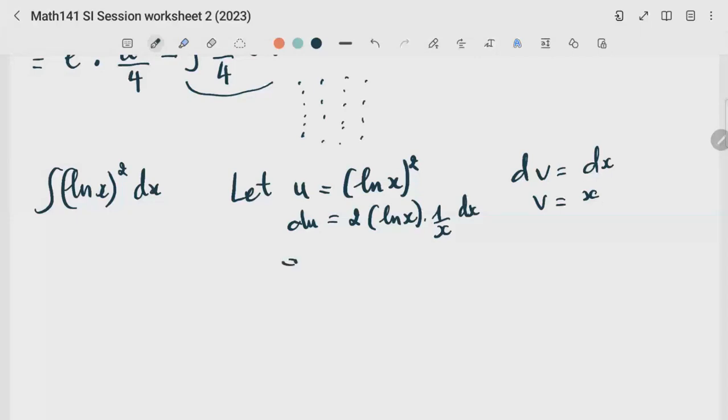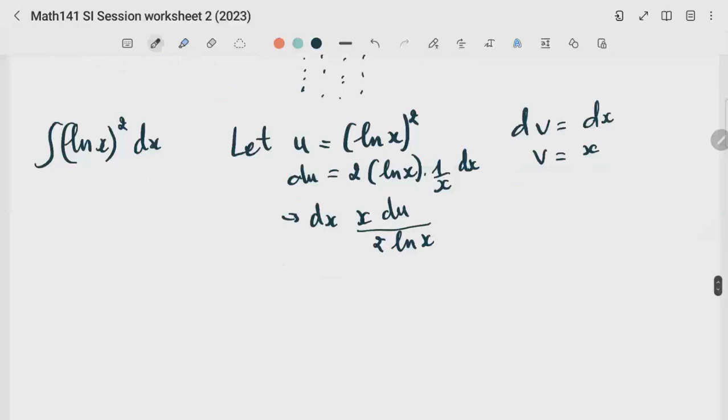Right. So now let's substitute that into the expression.